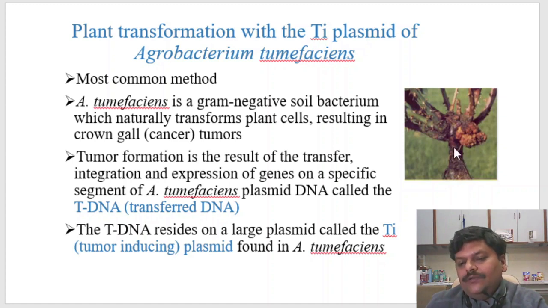And those phenolic compounds, when they are released in soil, attract Agrobacterium towards the wounding site, and then Agrobacterium attaches itself to the cells which are damaged by the wound, and then the transfer of some part of its own genome happens.